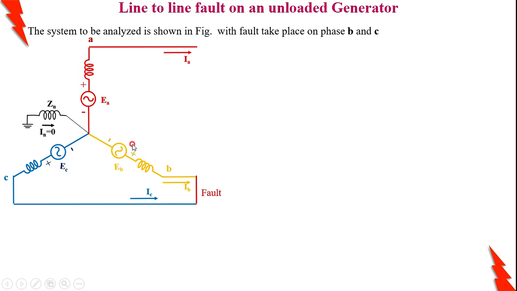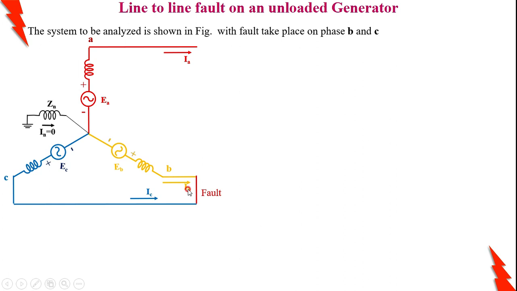Therefore, the second condition is VB is equal to VC. And ultimately, the fault current is either IB or minus IC.